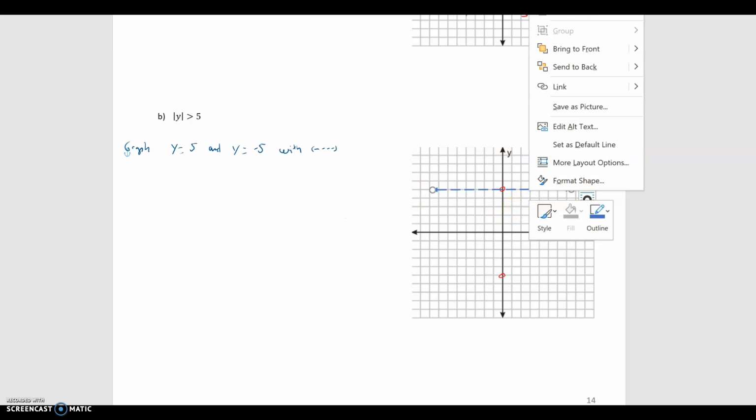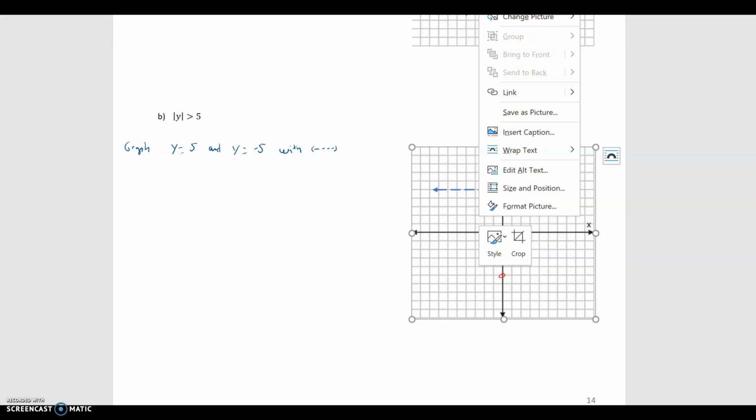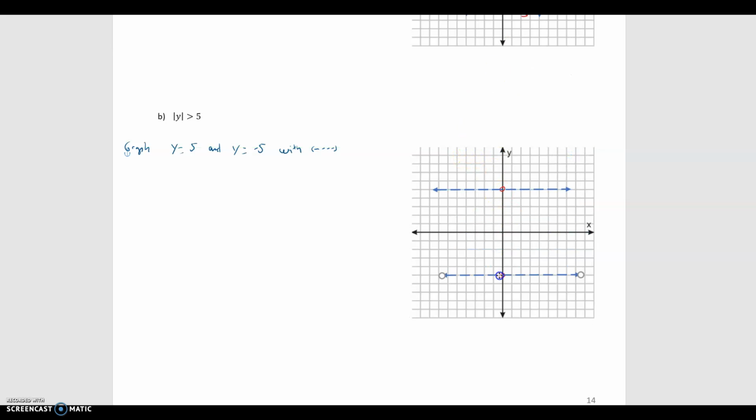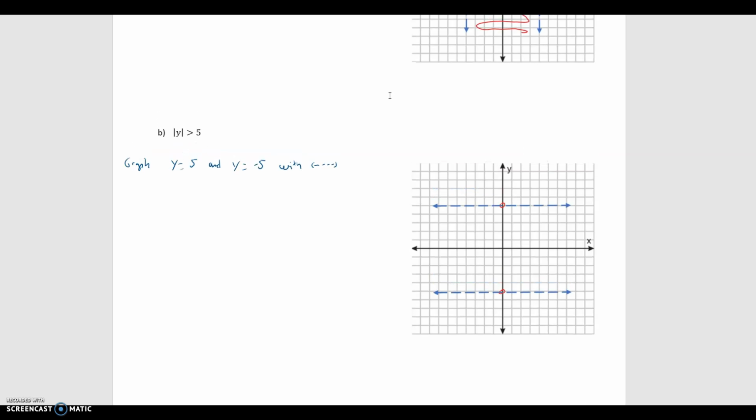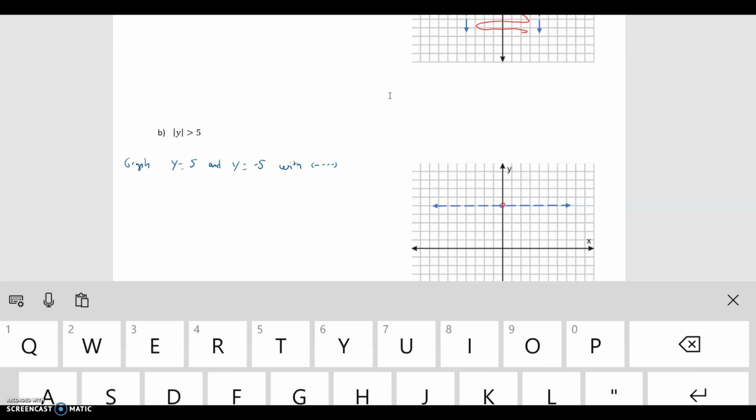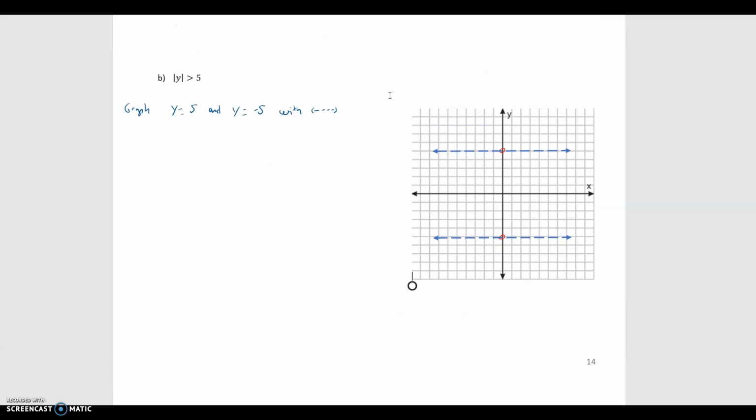Okay, let me copy this one. Okay, and before we select the test point, notice that the inequality actually reads greater. So any coordinate point greater than 5 is going to be up here and technically up here in terms of absolute value. So our solution is going to be the shading of these.